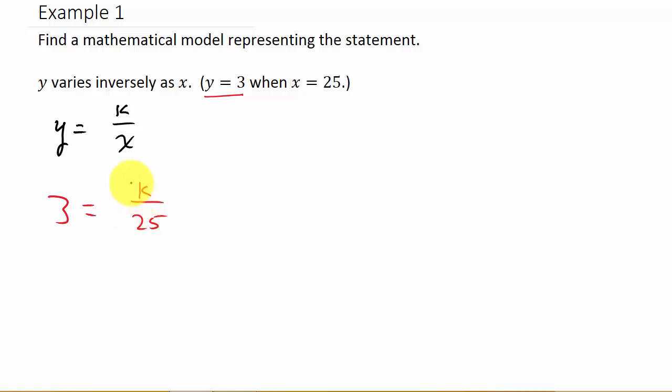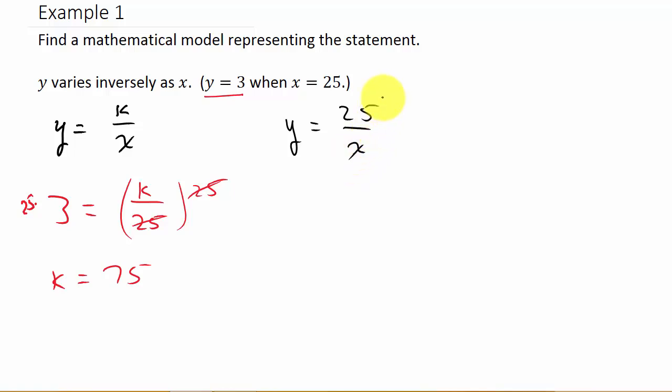And then we solve for k. To solve for k, we'll multiply both sides by 25. And so that's going to give me k, see the 25's cancel, is equal to 75. So my equation is y equals 75 over x. And there's my equation.